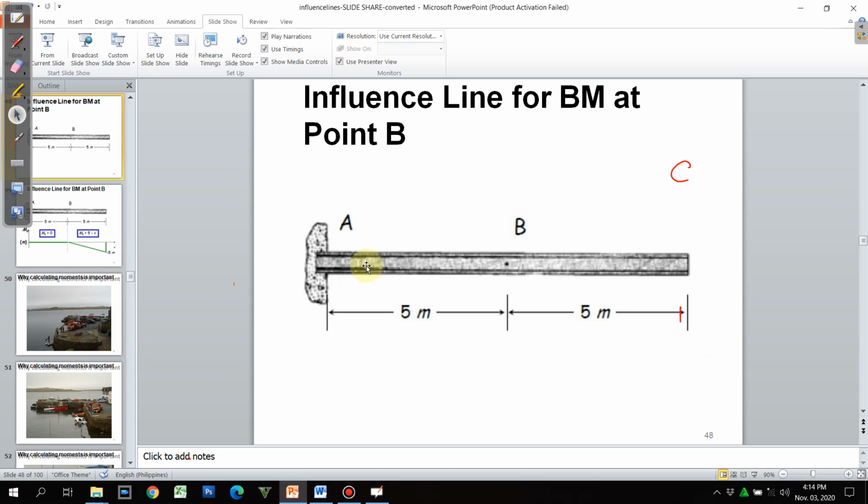So next, the influence line for the bending moment at point B. This time we are concerned with the moment at B. Of course, we need to illustrate. So again, we will consider the right portion.